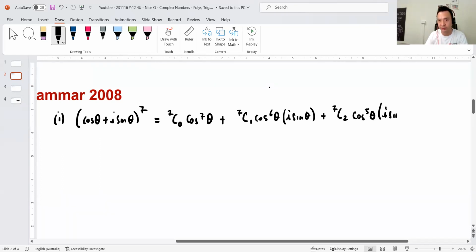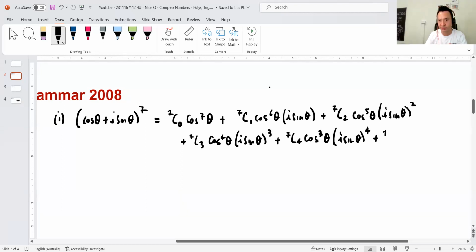But let's go through the motions and get our 1 mark, right? (i sin θ)^2 plus 7C3 cos^4 θ (i sin θ)^3 plus 7C4 cos^3 θ (i sin θ)^4.